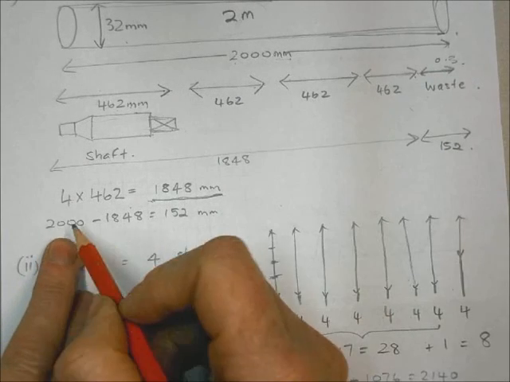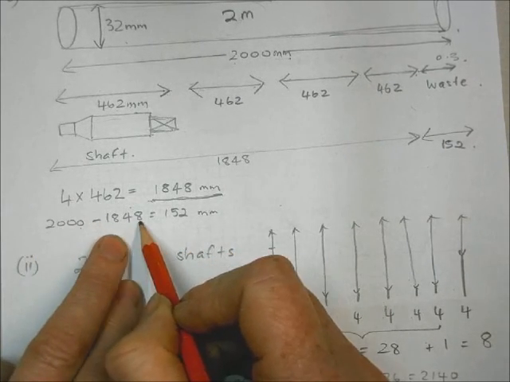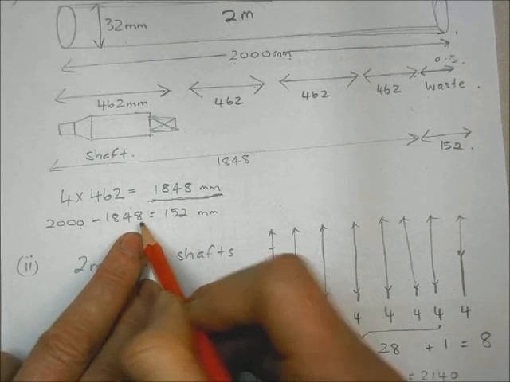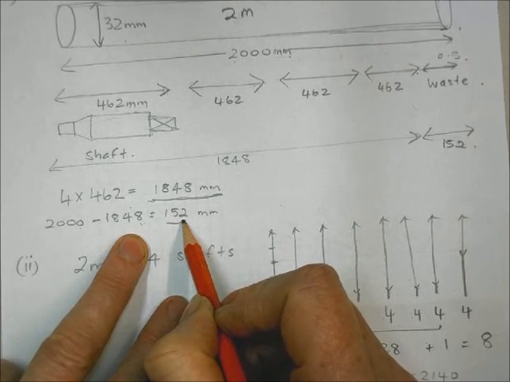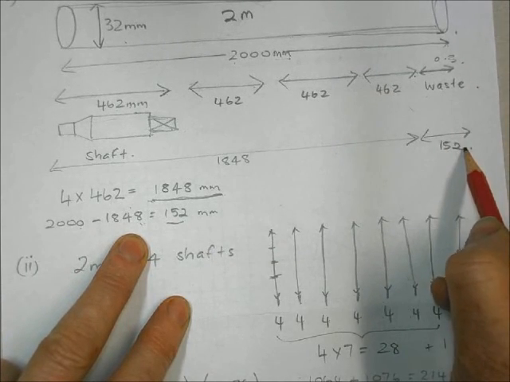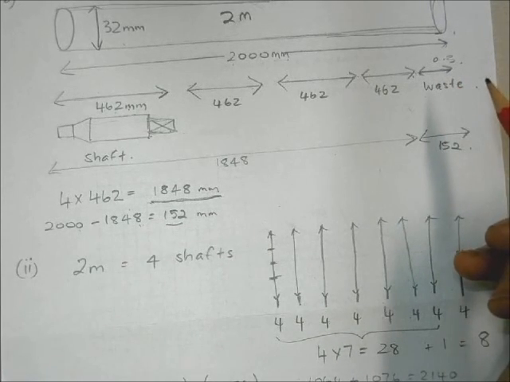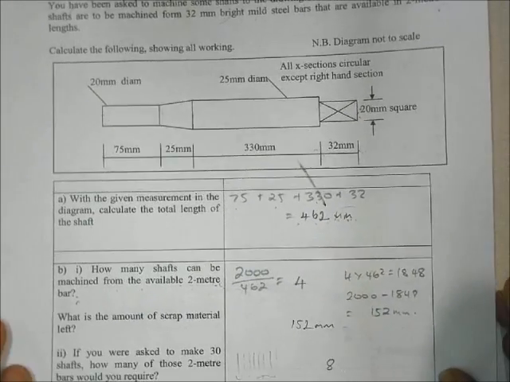We started with 2,000 millimeters. We want to subtract the amount of material being used to make the shafts, and we'll be left with a value for the waste. Okay, so this is 152 millimeters, and that's wastage on the end. So I think I've just answered the second question.